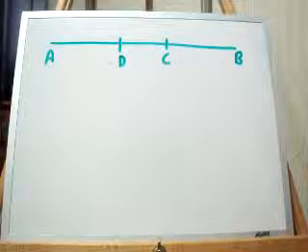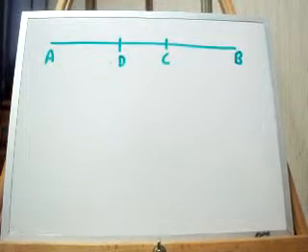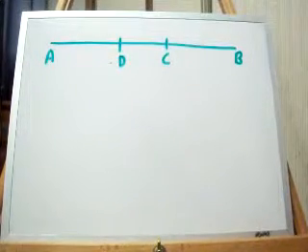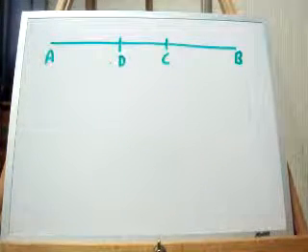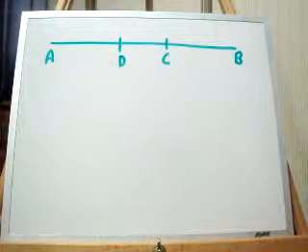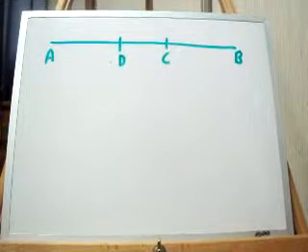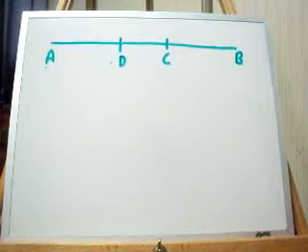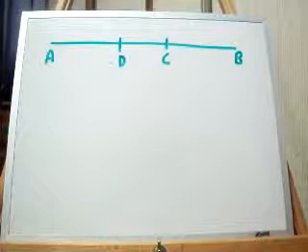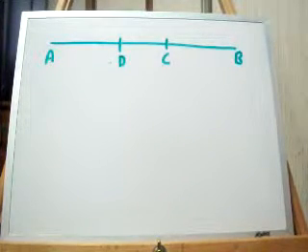And the squares on AD and DB, if we add those together with twice the rectangle AD, DB, okay, we got all this area all added together. That whole bunch of areas all together is equal to the square on AB, and this is by Euclid Book 2, proposition number 4.